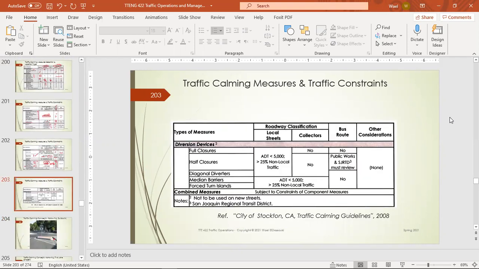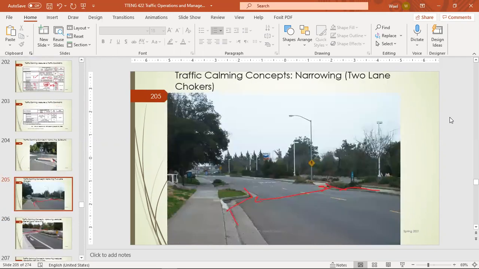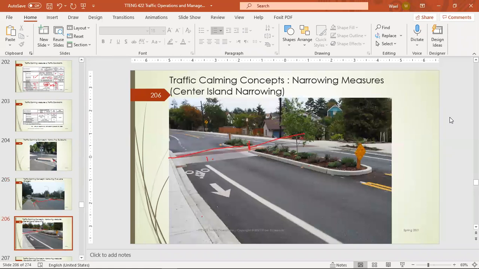Any questions so far? So again, this is an example for a pull-out. This is an example for narrowing or lane chokers in mid-block, as you can see. This is a central island.